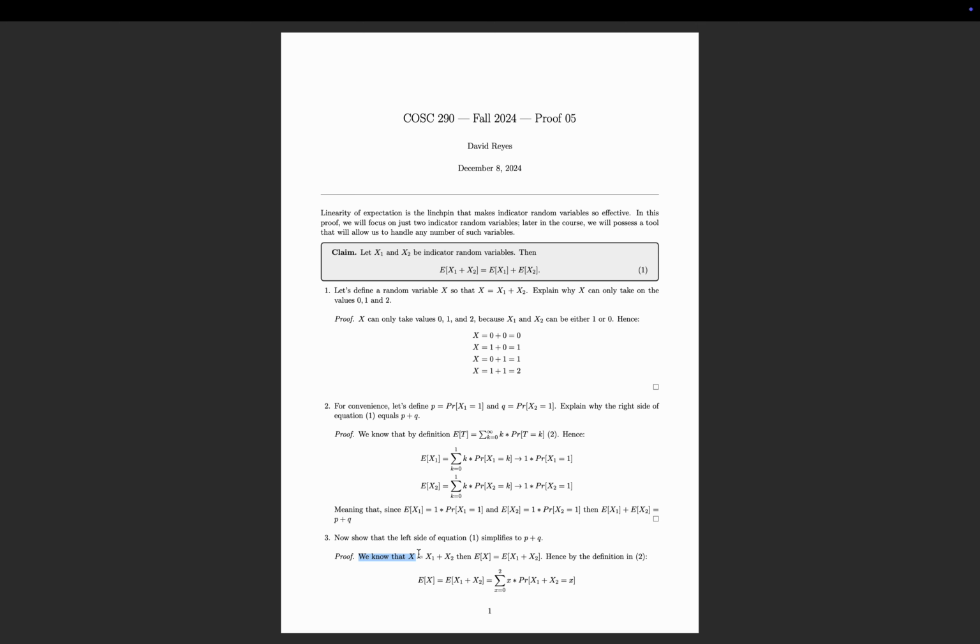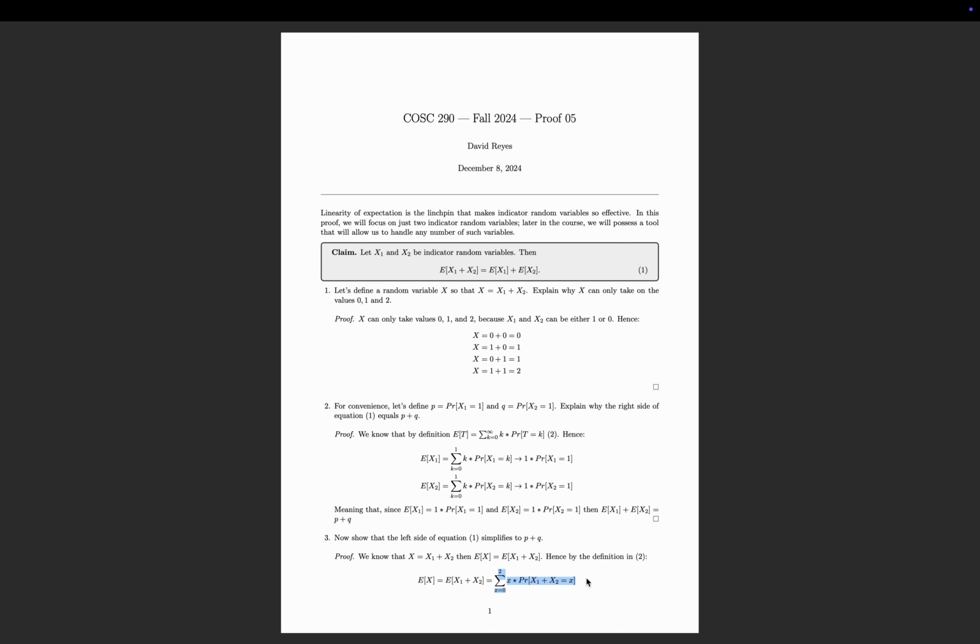So since we have established that x is equal to x1 plus x2, we know that the expected value of x would be equal to the left side of this equation, right? And hence, by definition, we can express this by the definition of expected value we already set here.